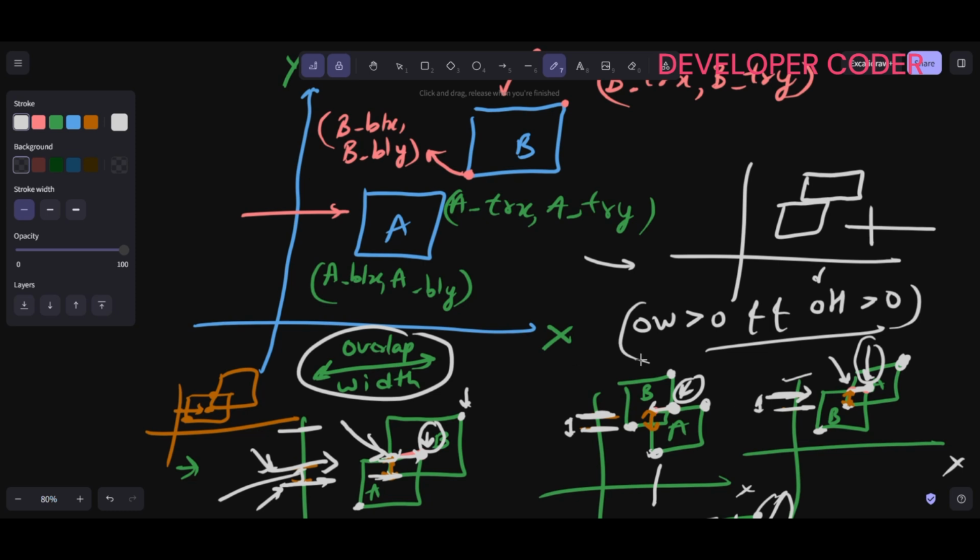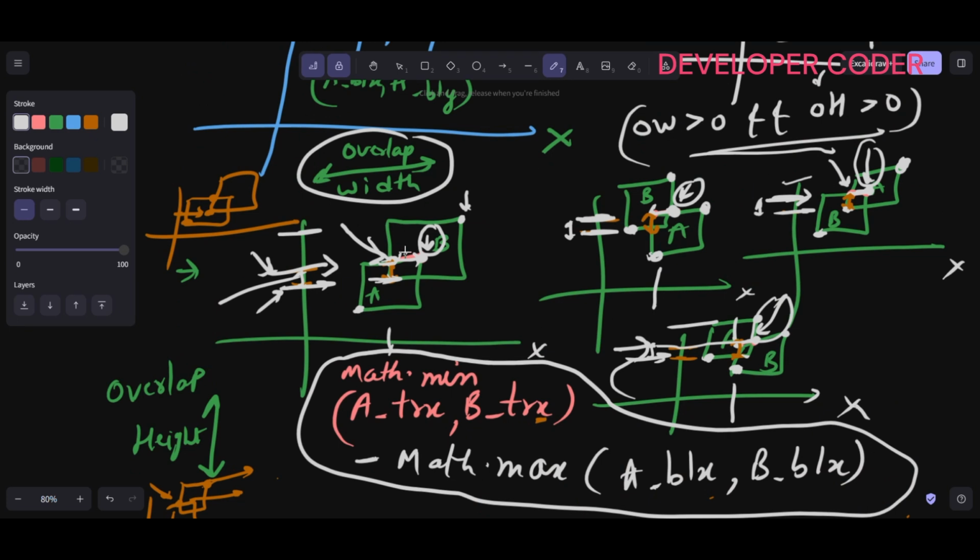Now if both are greater than 0, that simply means the two boxes are intersecting. If the two boxes are intersecting, now we have to find out the side. Let's suppose the overlap width comes out to be 3 and the overlap height comes out to be 2.